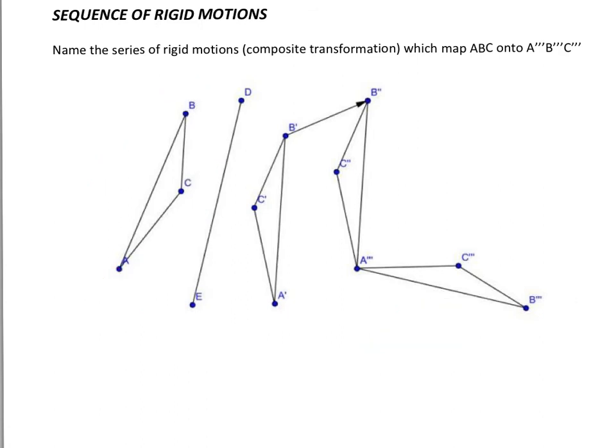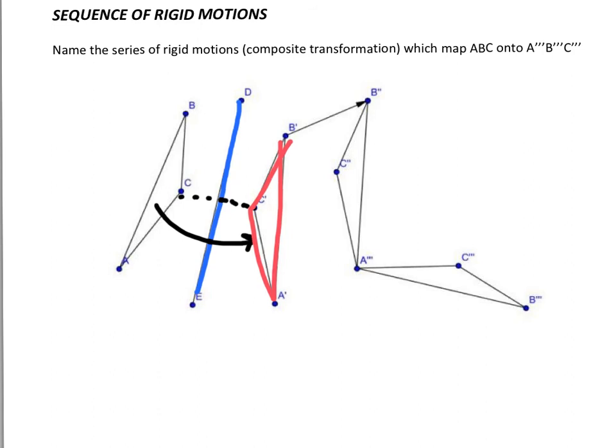Now if you were asked to do this, this line DE may or may not be provided. Don't be afraid to draw in your own auxiliary lines. DE in this case is what it was named, because what I'm going to have to do is reflect ABC over that line. Now that line is really the perpendicular bisector between C and C prime. Once I reflect over that, I now have this shape here.